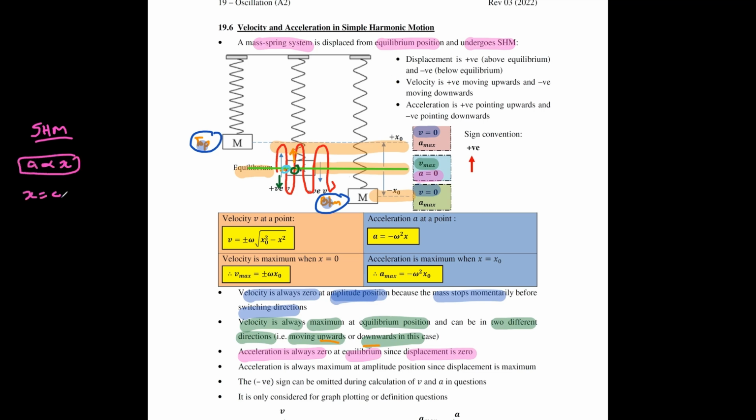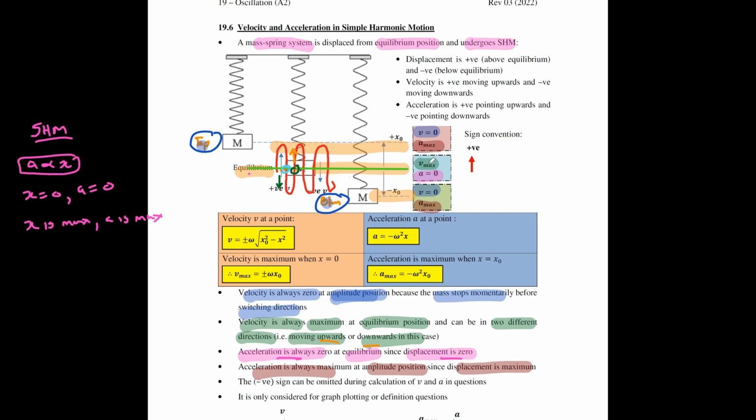So if x is zero, a is zero. If x is max, a is max. So when you are at equilibrium position, your displacement is zero, your acceleration should be zero. At amplitude position is where your acceleration will be max, because here your displacement is max.